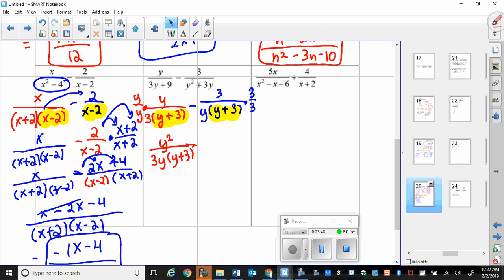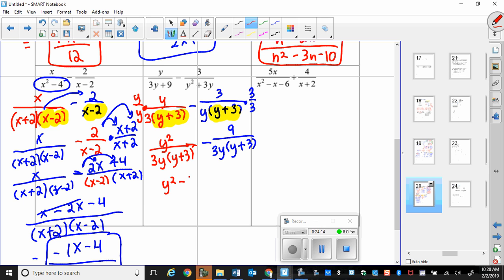On the left, 3 times 3 is 9. 3 times y is 3y times the quantity of y plus 3. Now I'm going to keep that in factored form for my own purposes at this point, and I'm going to keep going. Combining the numerators, I have y squared minus 9 over 3y times the quantity of y plus 3.